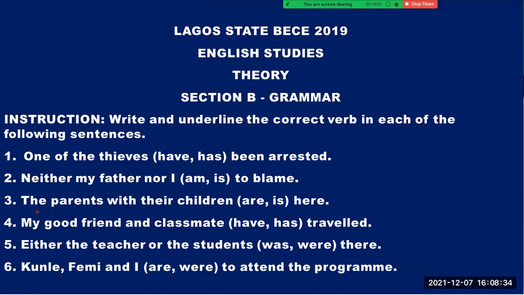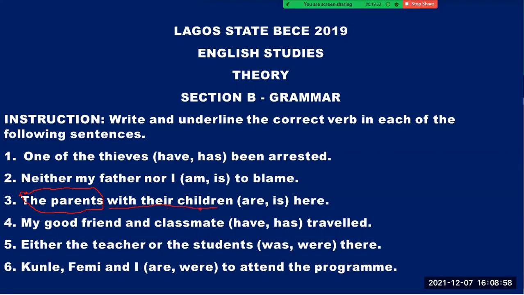So the actual subject is the one that comes first. The parents with. So what this means is that the actual subject we are looking at is the parents. It is the parents we are talking about. With here means it's like a kind of afterthought.